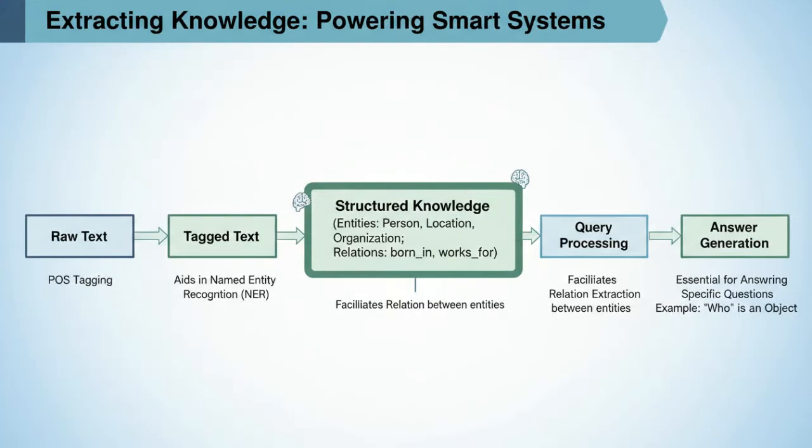It also aids in identifying relationships between entities by understanding the verbs and prepositions connecting them. For question answering systems, knowing the part of speech of interrogative words like who, a noun referring to a person, or what, often an object, helps in formulating precise searches and extracting relevant answers. It essentially transforms unstructured text into structured data for smart system consumption.